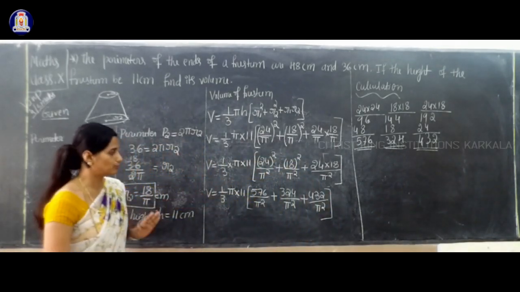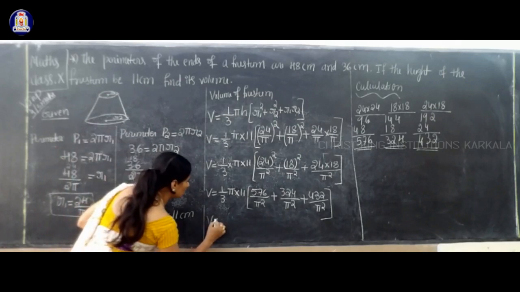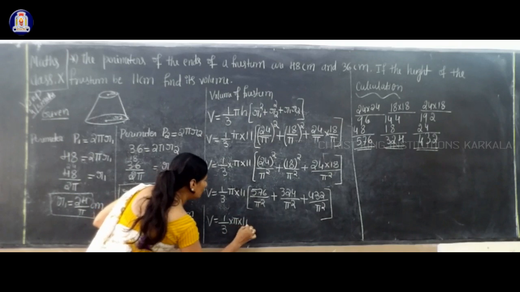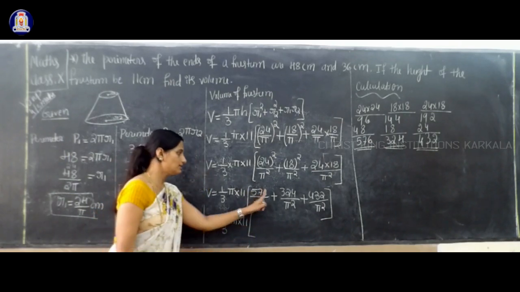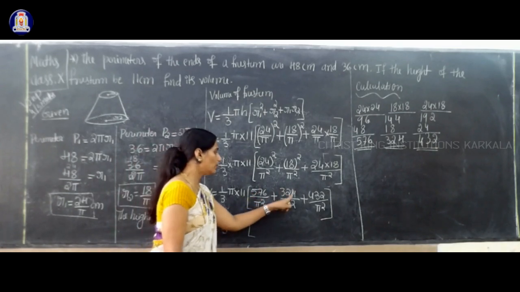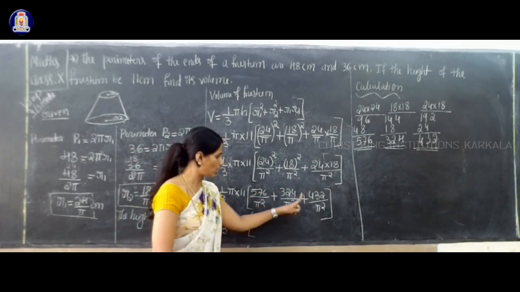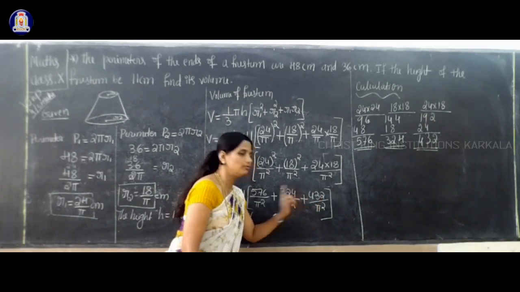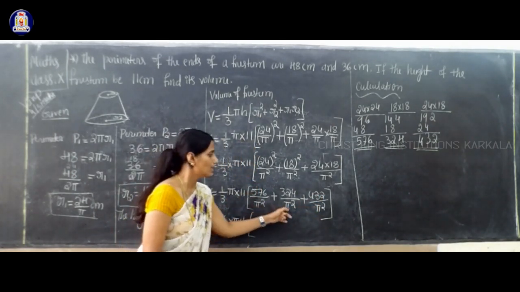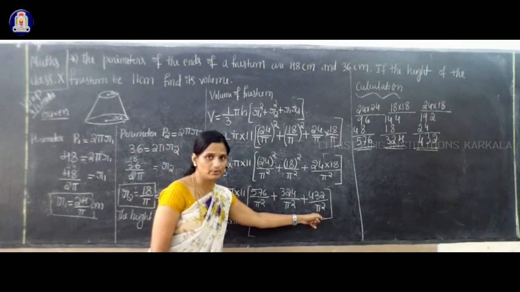Now how to simplify this one? V is equal to 1 by 3 into pi into 11, into 576 divided by pi square plus 324 divided by pi square plus 432 divided by pi square. So numerator by denominator means this is LCM simplification.